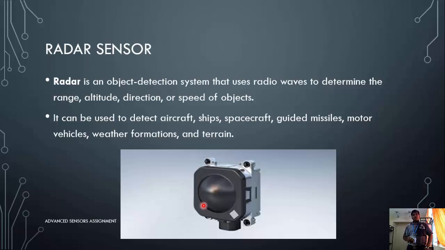It can also be used to detect aircraft, ships, the location of ships within the range, and the location of spacecraft, guided missiles, motor vehicles, weather information, and terrain. And this is called a radar sensor, which produces radio waves. The working of the radar sensor we can see in later slides.